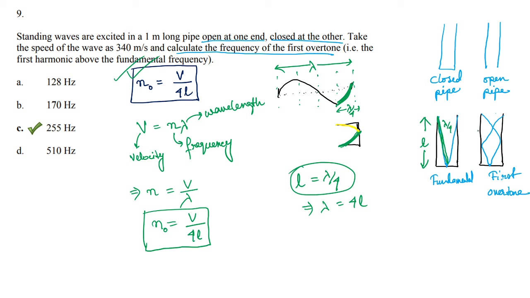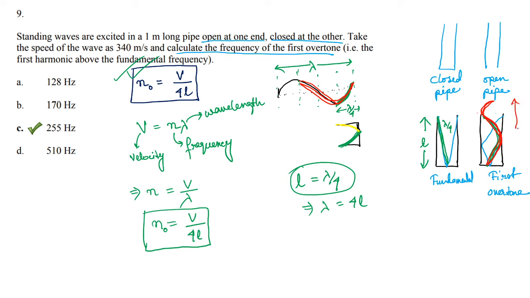Why? See here, this thing is actually the 3/4 part of the total wavelength, right? See here, if I draw this full, then this is the total wave, complete wave, which is lambda.